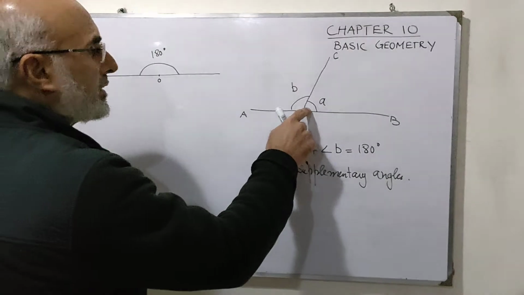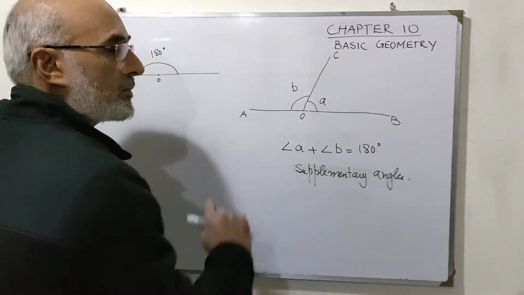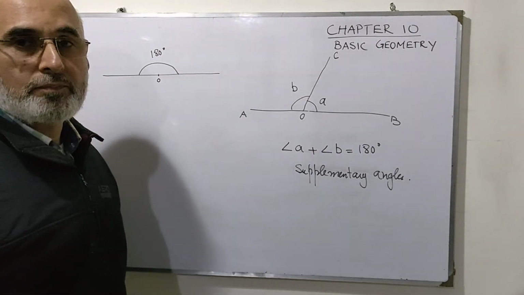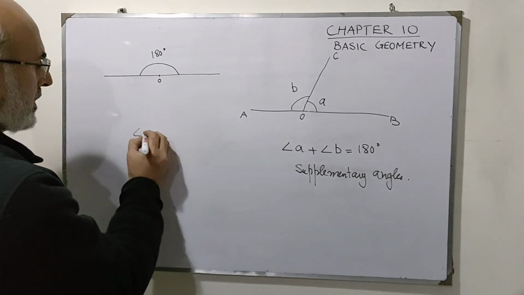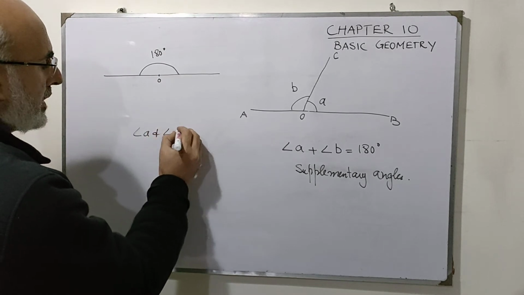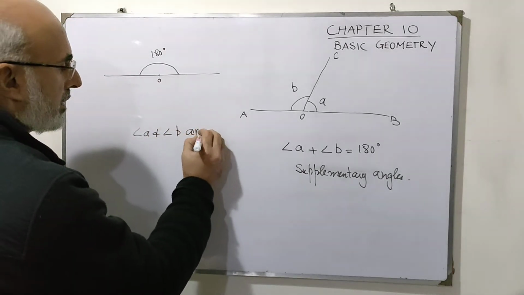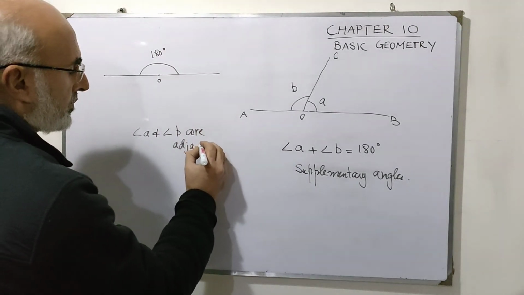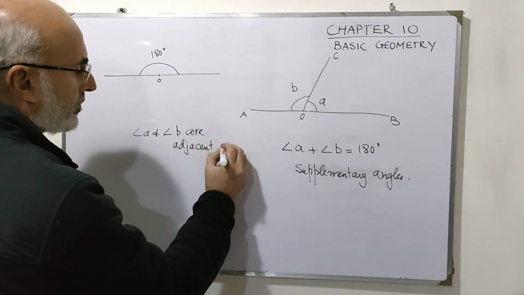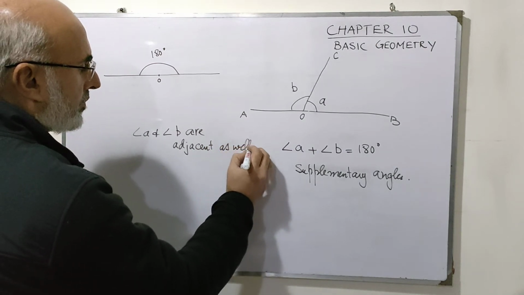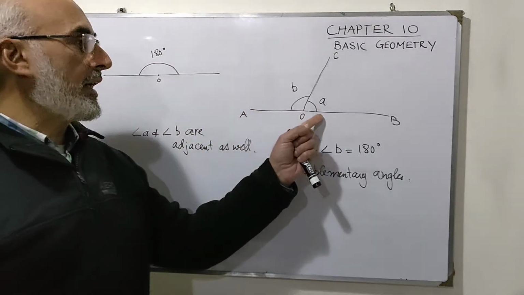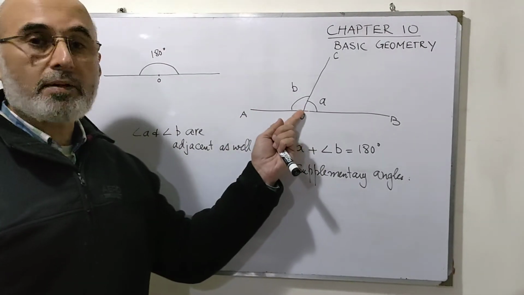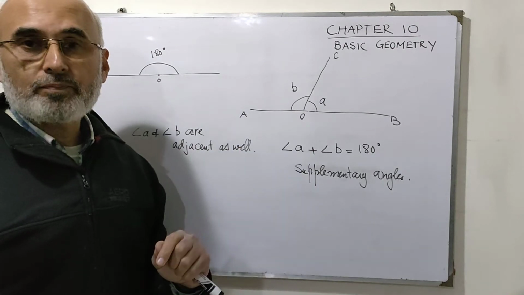Okay, now these two angles are sharing the same vertex as well. So angle A and angle B are adjacent as well. So we can call these angle A and angle B adjacent angles, because they are sharing the same common vertex, right?